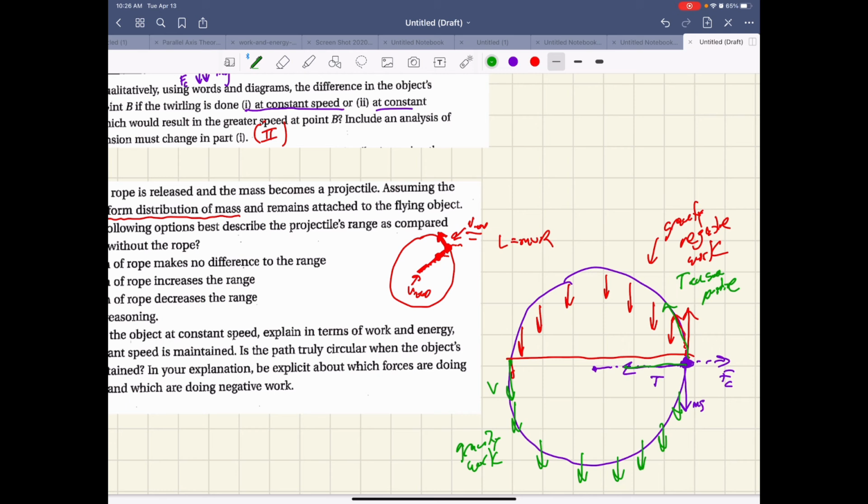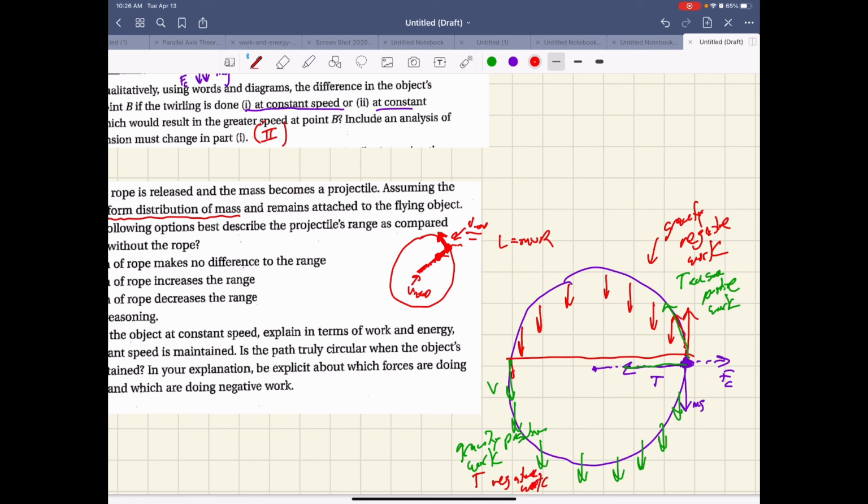Yes, there are different components because of different angles and things like that, but just in general, in the top half, gravity is doing negative work, sometimes more than others, depending on the position. And the tension is doing positive work, because those things have to cancel out if you want the velocity to always be constant. Likewise down here, if gravity is doing positive work, that means that the tension must be doing negative work down here.